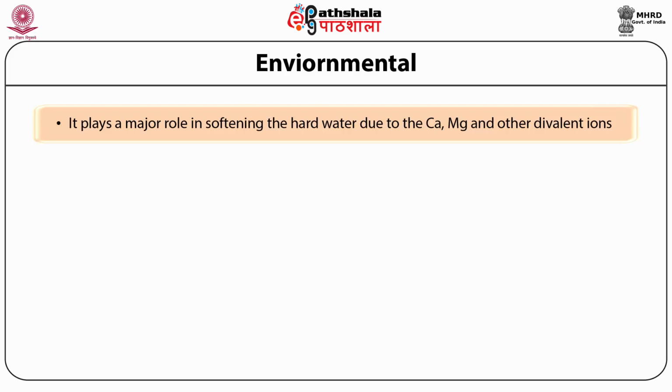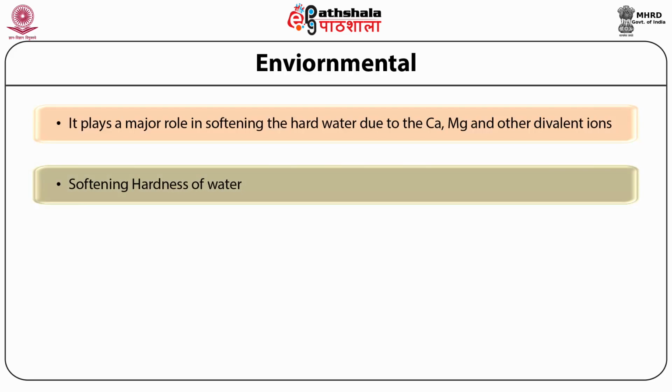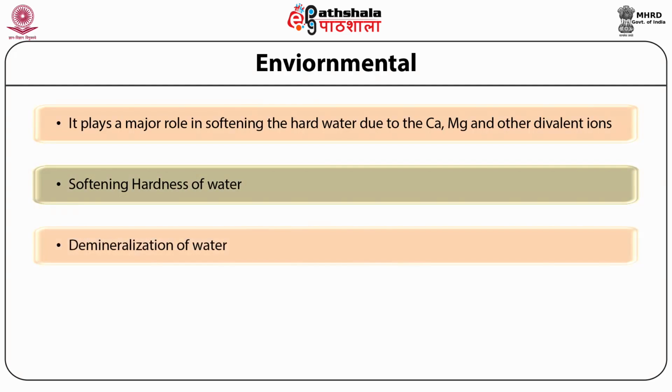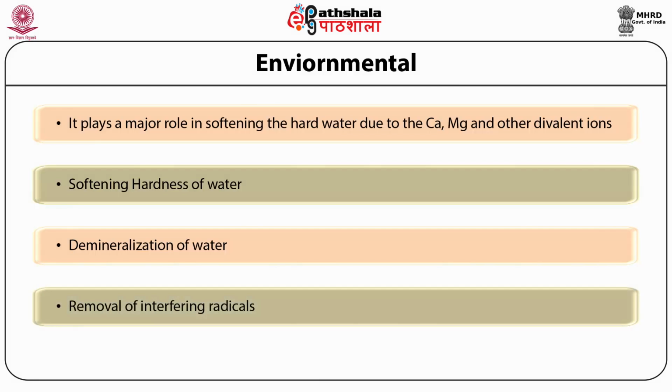Chloride, nitrite, and sulfate are exchanged by hydroxide ions. Thus, IEC is used for softening hardness of water, demineralization of water, and removal of interfering radicals.